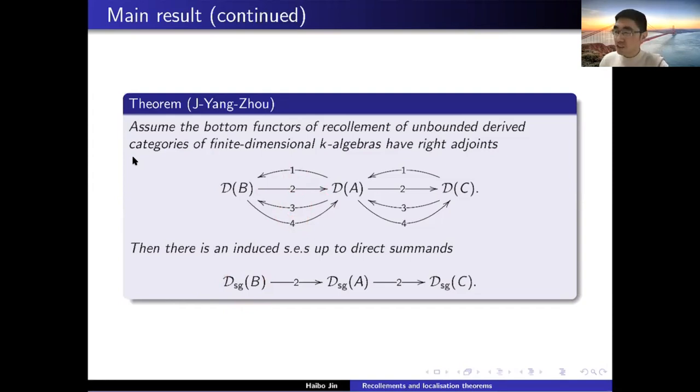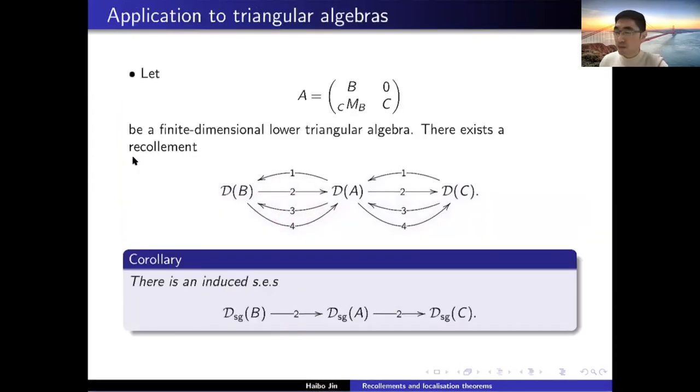So let's consider some examples. For these algebras B, C, finite dimensional algebras, and M is a B-C bimodule that is finitely generated, we can construct a new algebra A. This A, we call it the lower triangular algebra.